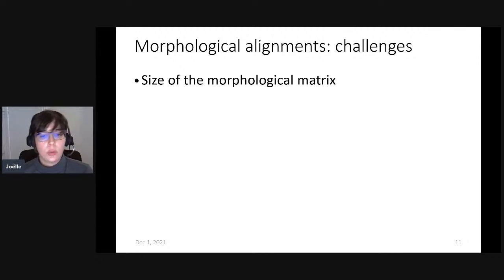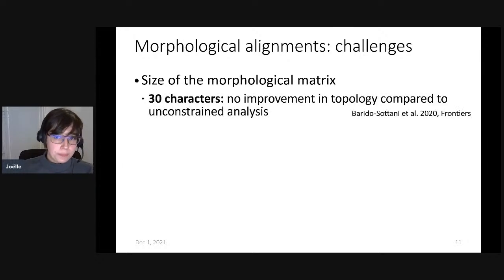Some previous empirical analyses have been using morphological matrices that were pretty small, from, let's say, 30 to 50 characters. And we found in simulation studies that this is actually not a really good idea, and that this is not going to give good accuracy on the topology.